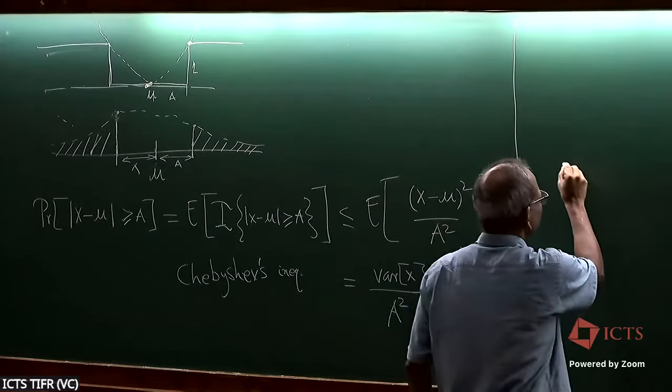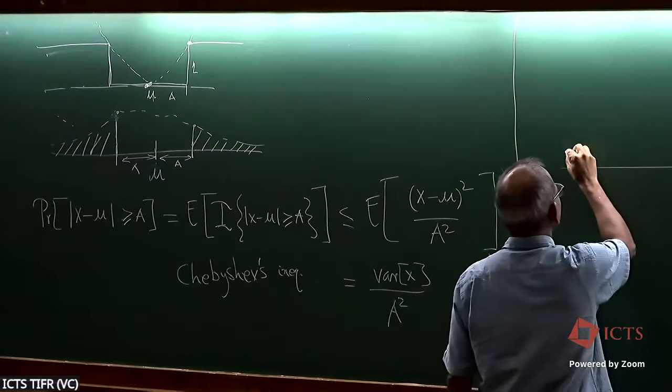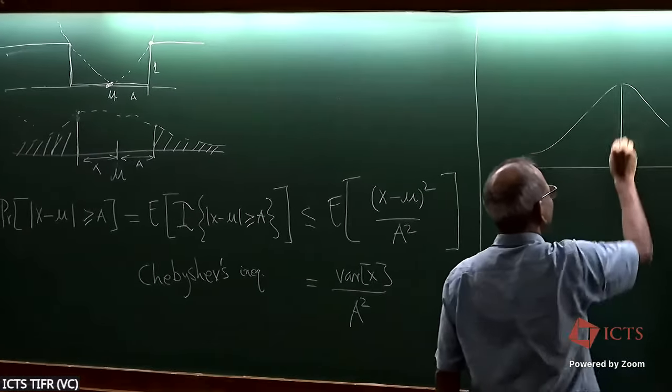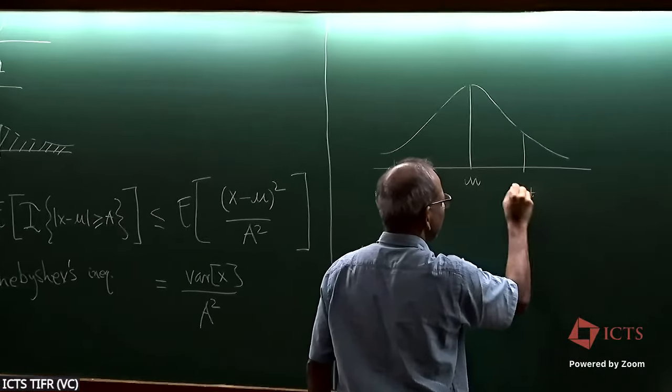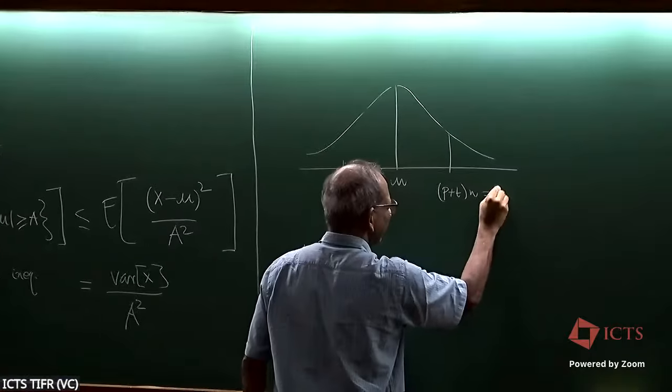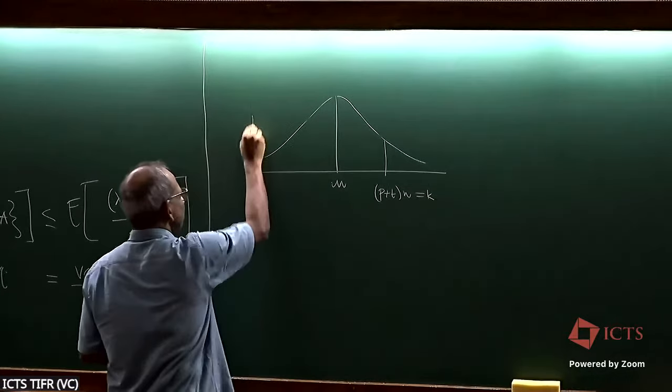So we have this binomial distribution, and this is mu, and this is p plus t times n. Let me call it k. This is 0.